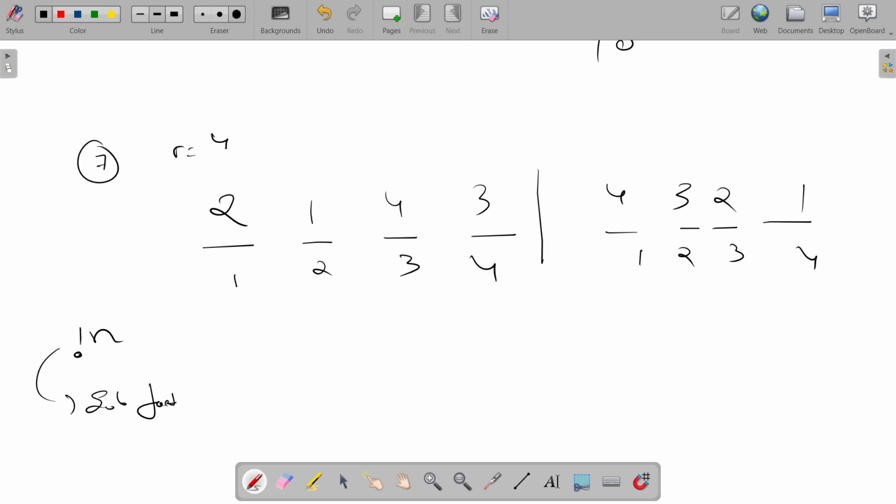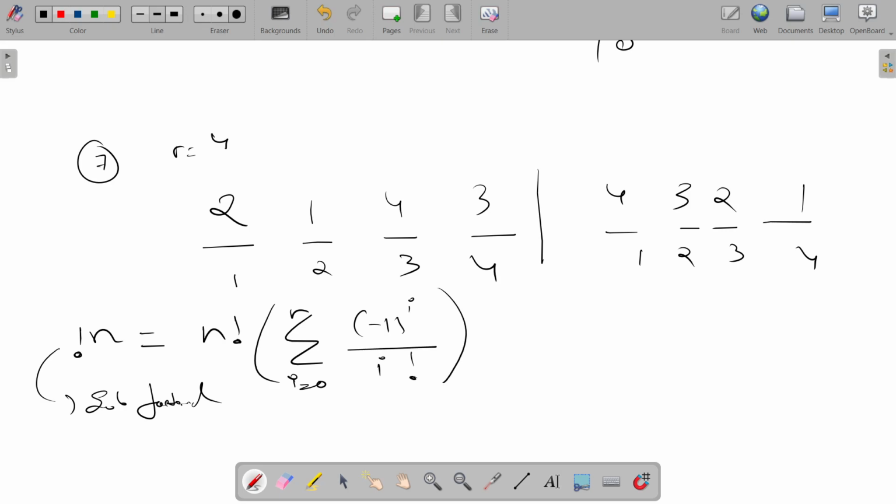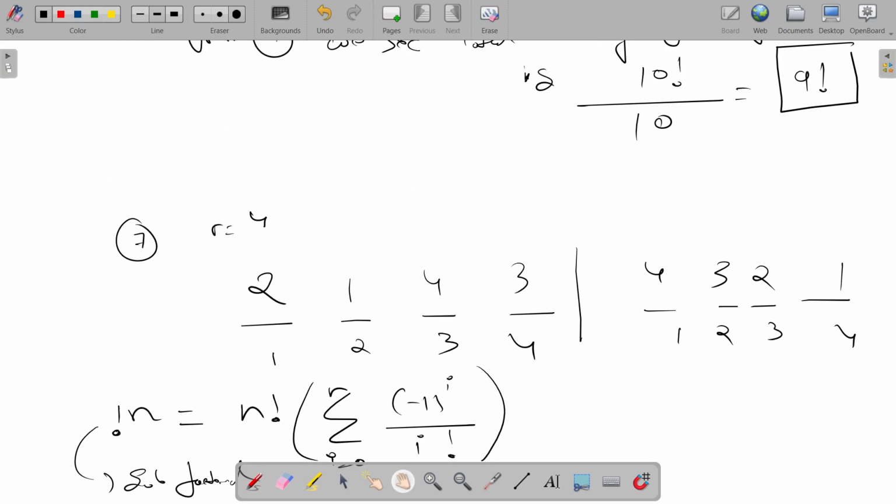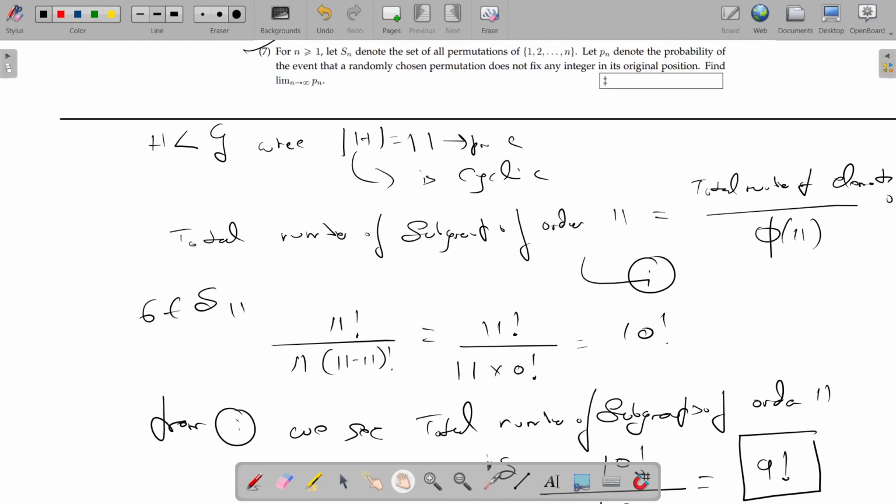The proof is also very nice. The formula is the summation over i from 0 to n of (minus 1) to the power i by i factorial. Now this is the total number of derangements, and they are asking us to find the probability.